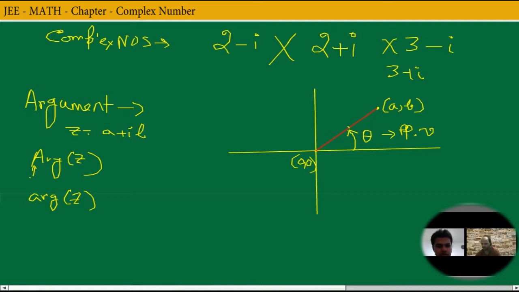You might ask why it is so. Because if you move counterclockwise by 2 pi, you will get another angle. Let's say this one is theta 1. So theta plus 2 pi will give you theta 1. Does it make sense? Yes.